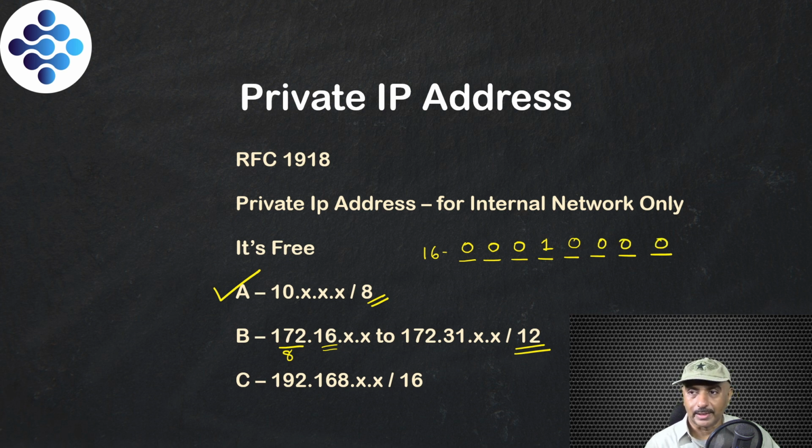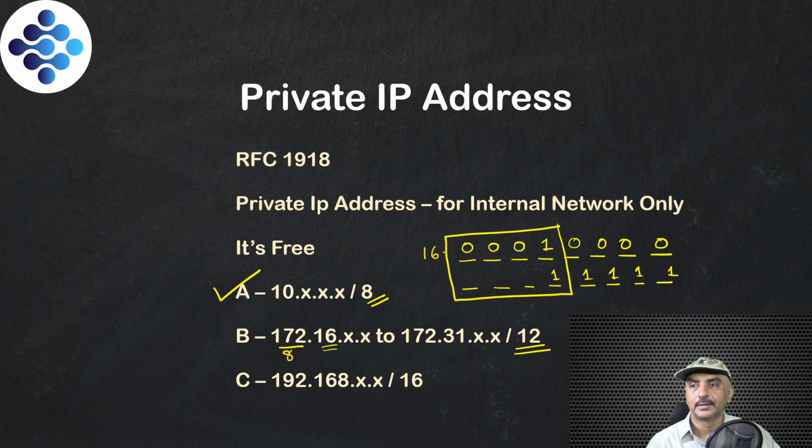For 31, if I make 4 5 6 7 8, the binary of 31 would be 1 1 1 1 1. So the point is, these are the 4 bits which are reserved.